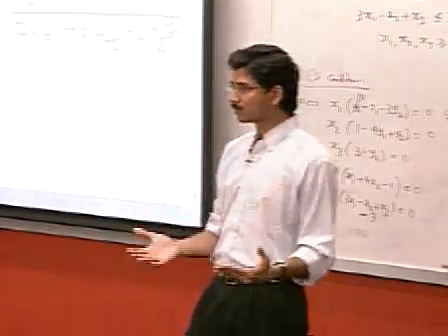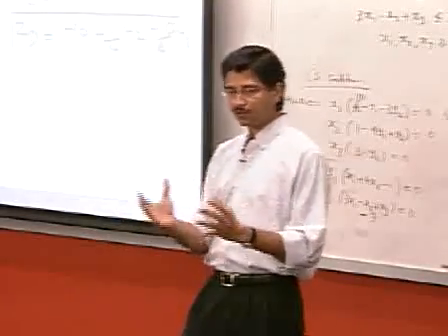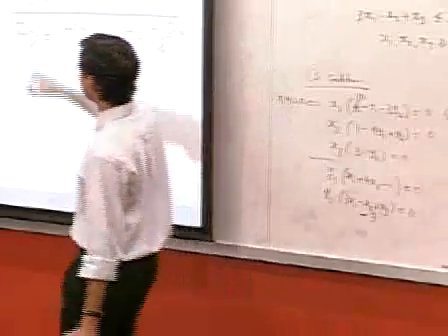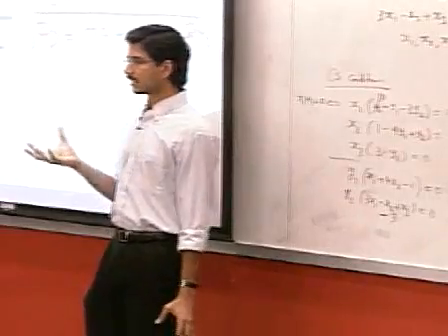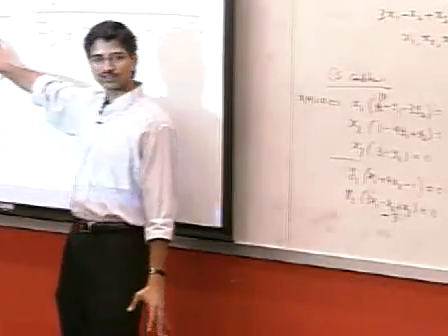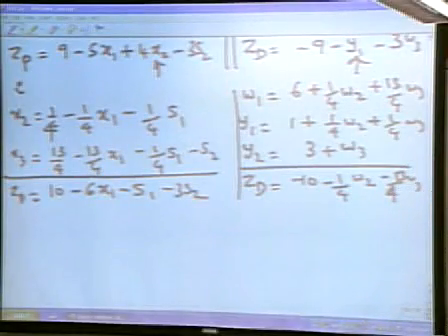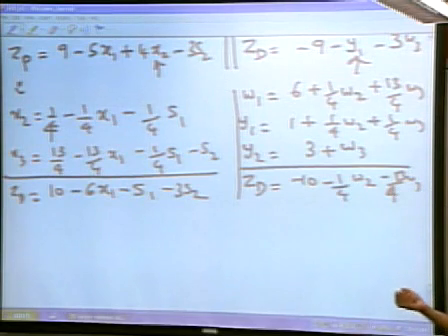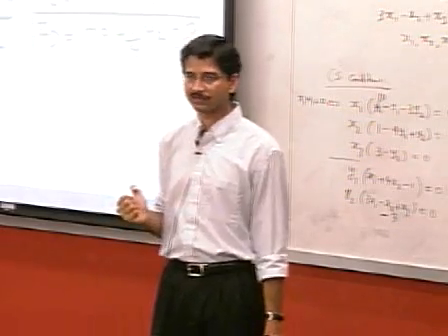If it has an optimal solution, you can apply the simplex method and get to it. Therefore, the final dictionary is going to look like this. So what I'm going to assert in the next lecture is, I look at the last row of this final dictionary, I'm going to pull out the dual solution. And I want to show you that that solution is feasible for the dual problem and satisfies the CS conditions or has the same objective value. That will be a proof of the strong duality result.